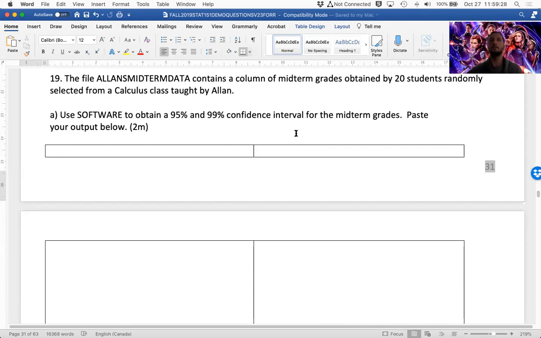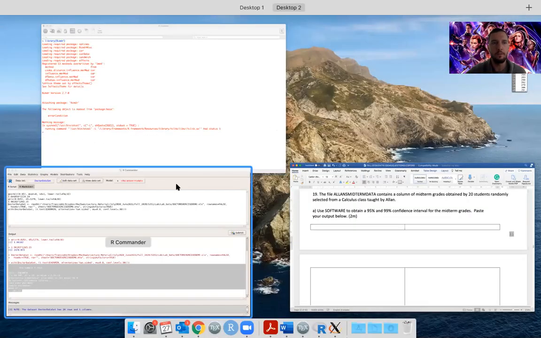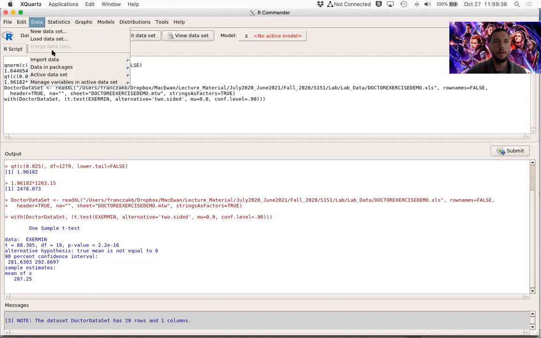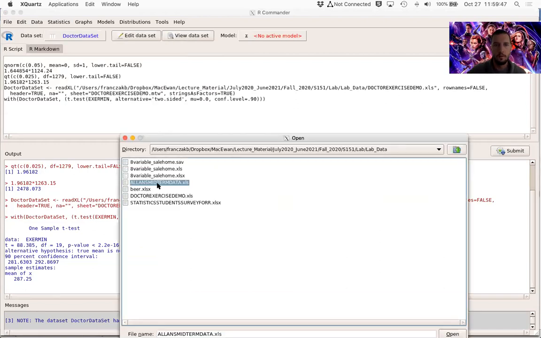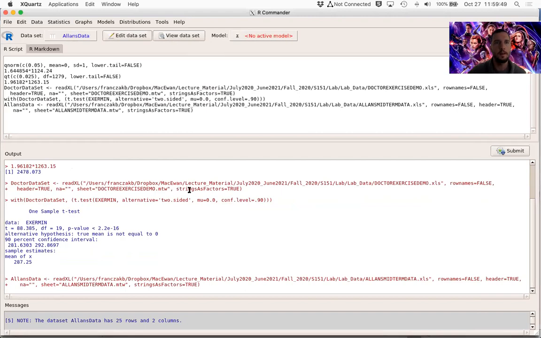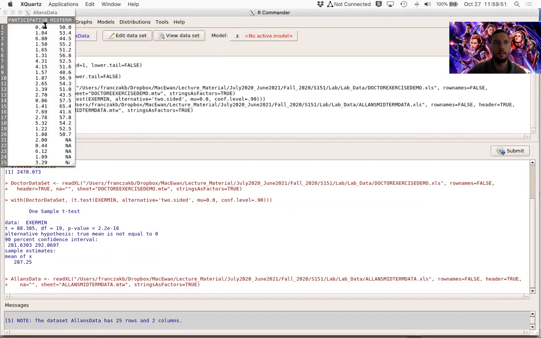So now we're going to use Allen's midterm data to create 2 confidence intervals. So let's just go over again how we use Rcmdr to build confidence intervals. So the first thing we're going to do is import the data. Right. So let's take a look at this.